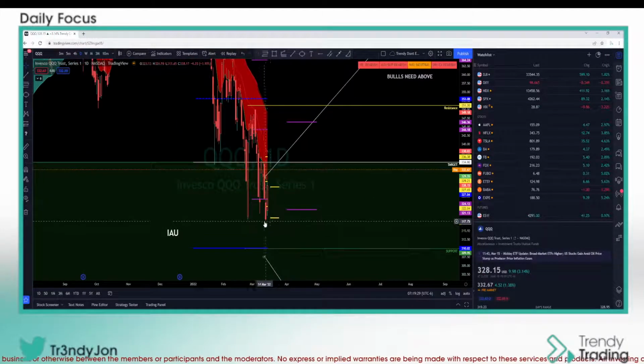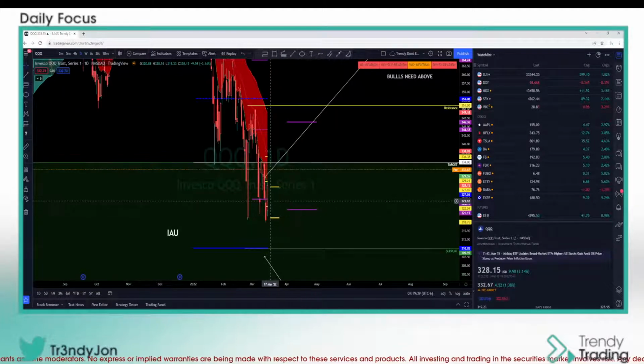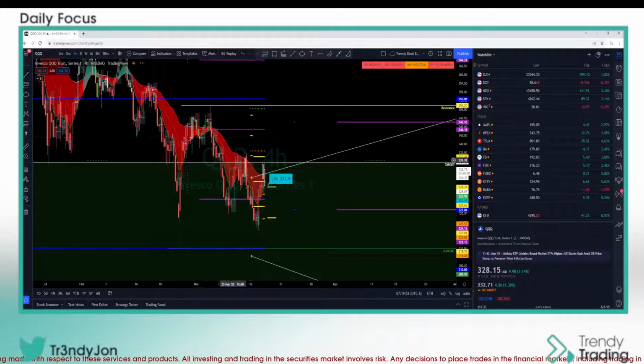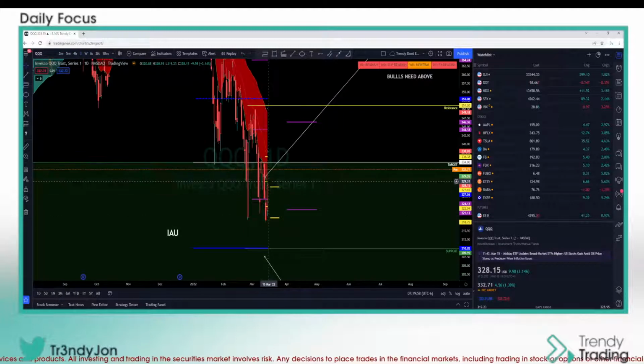So again, what's most important about yesterday was the fact that we didn't take out the lows, just like I told you guys. Told the team this. I said, if we don't take out the lows, look for a rounding bottom, and then we'd be paying attention to our daily candle and our 4-hour. On the 4-hour, can we get over the cloud? We did. On the 1 day, this is your resistance.